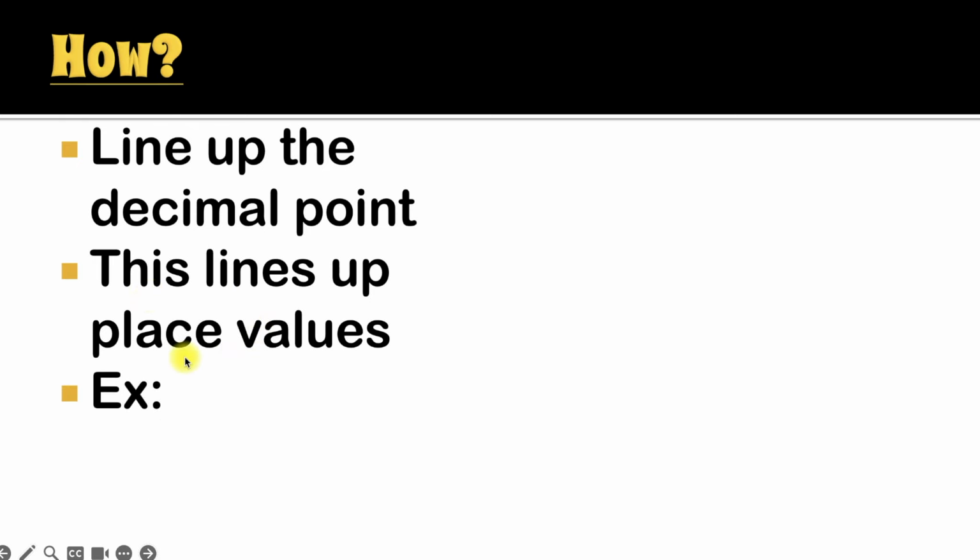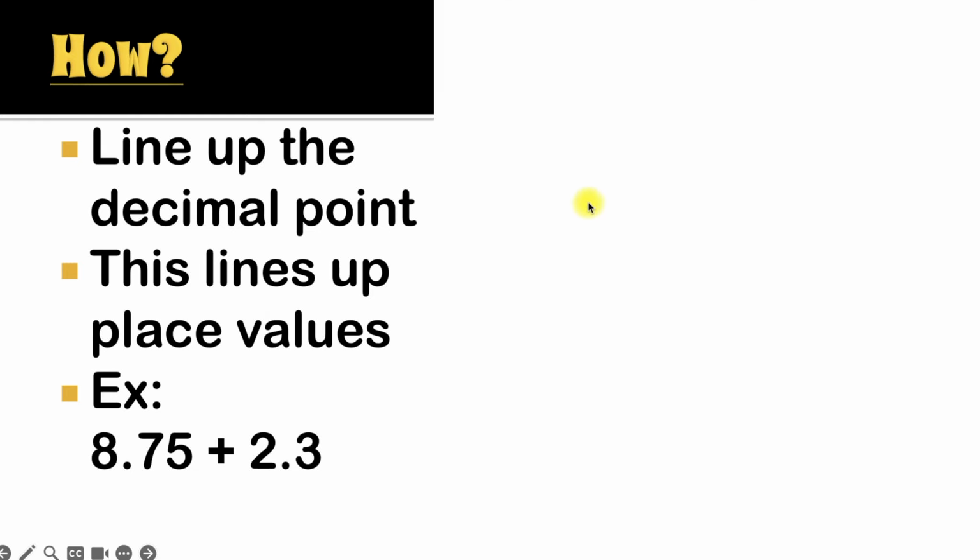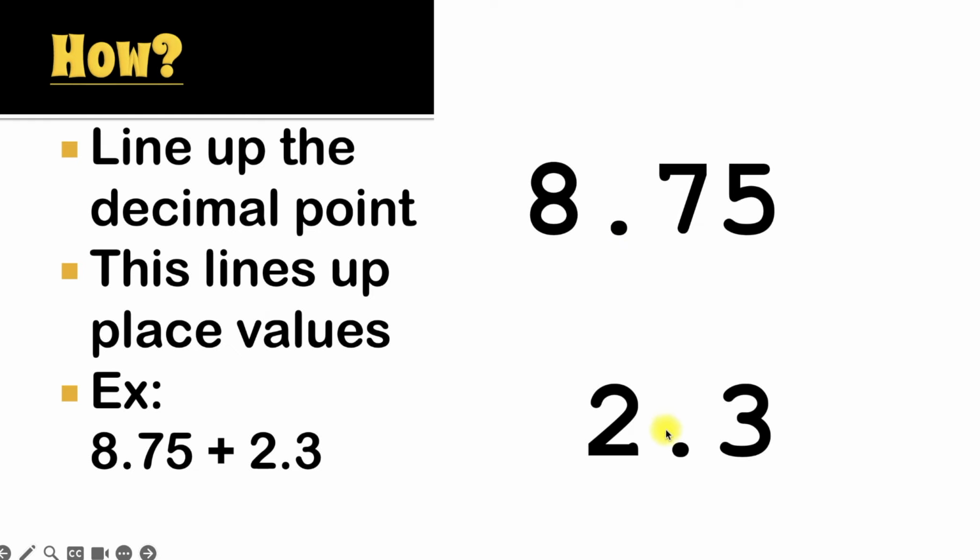So for example, let's say we have 8.75 plus 2.3. And let's clear our workspace too. Let's put 8.75 here and 2.3 here. In the value 8.75, we have 8, which is the ones place.